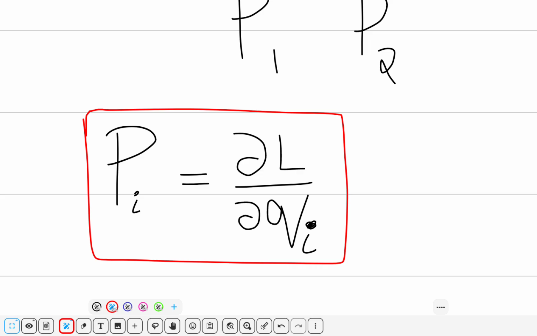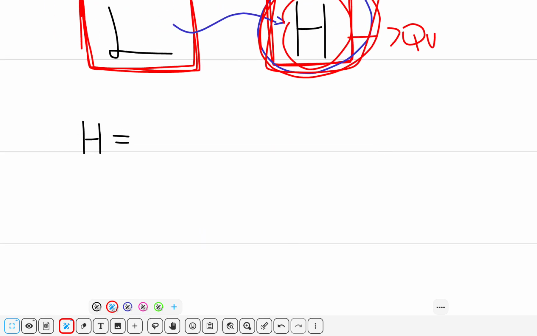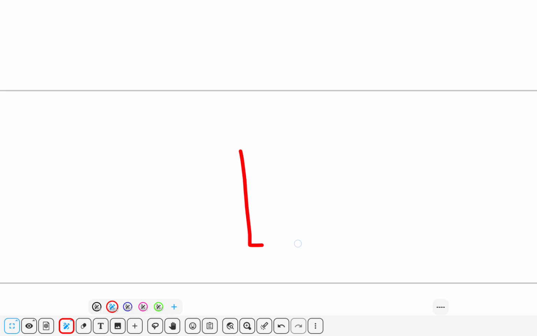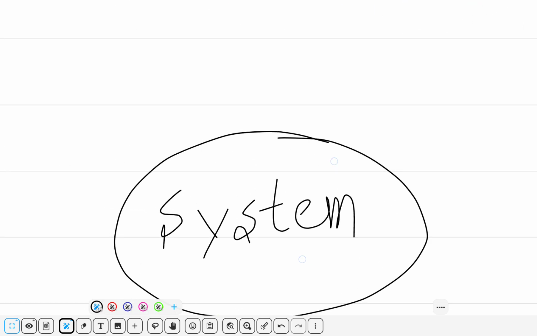And now let us see. If you remember, if you have seen it, or even if you haven't, I will still tell you that for a system, let's say for this system, we have both a Lagrangian and a Hamiltonian.